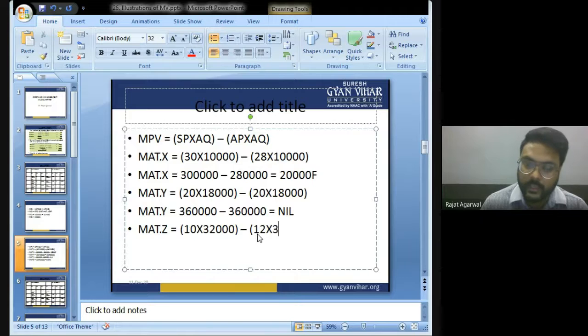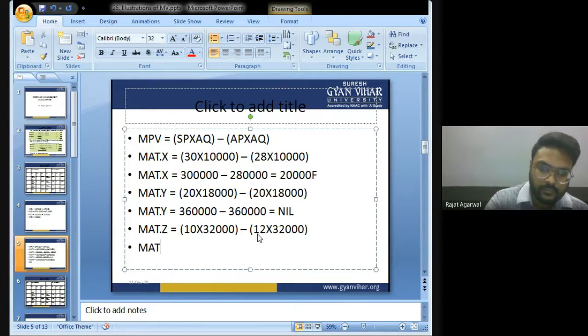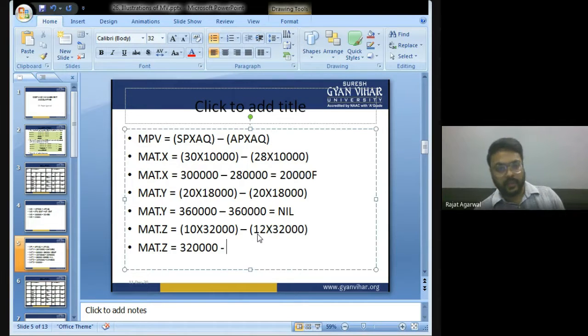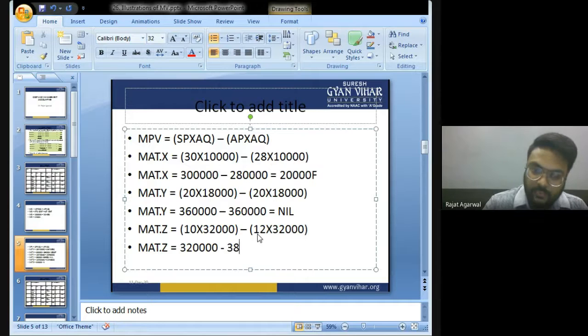Actual quantity 32,000. 10 into 32,000, 3 lakh 20,000. 32,000 into 12, 3 lakh 84,000.